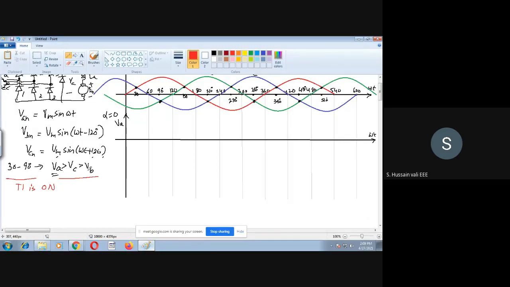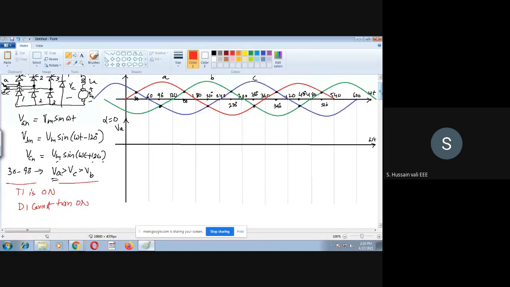Because VA is the highest, so for phase voltage A, thyristor 1 is connected. Out of the 3 diodes, D1 cannot be turned on, because both switches in the same leg would conduct. Then you have only 2 options, either D2 or D3. Which one is true, we will see now.